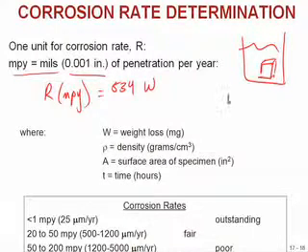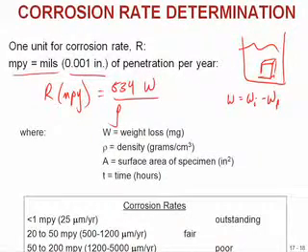W is the change in weight, the initial weight minus the final weight, in milligrams. We divide that by rho, its density, in grams per cubic centimeter, the exposed area on all those surfaces in inches squared, and the time in hours.